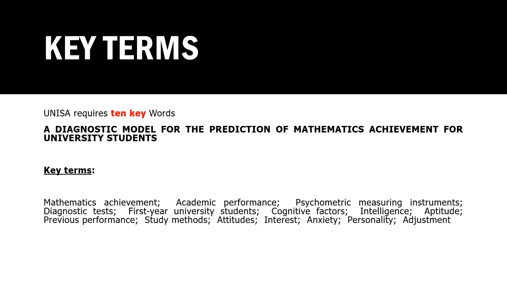So if we look at the title, a diagnostic model for the prediction of mathematics achievement for university students, the 10 keywords could be: mathematics achievement, academic performance, psychometric measuring instruments, diagnostic test, first year university students, cognitive factors, intelligence, aptitude, previous performance, study methods, attitudes, interests, anxiety, personality, and adjustment. Quite a list of key terms, but the requirement from UNISA is that you have 10 keywords. Also very important for indexing purposes and retrieval, so choose your keywords carefully.